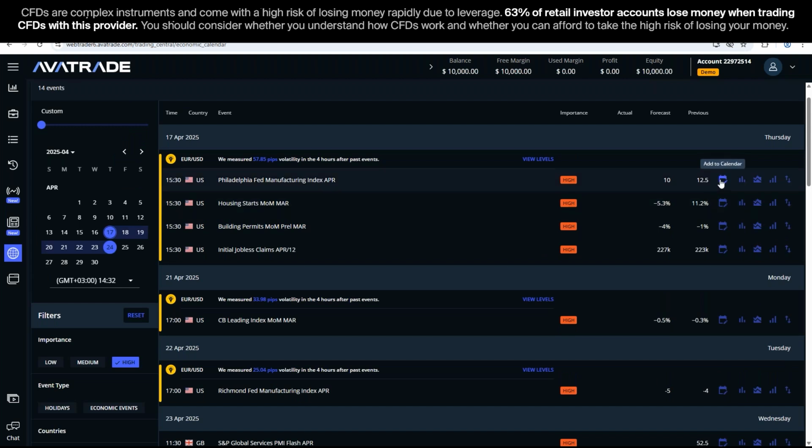Now, an additional very nice feature on the economic calendar is to add the event to your calendar. Instead of thinking during the day when you will have the time to watch the event and the result, you can just add it to the calendar.